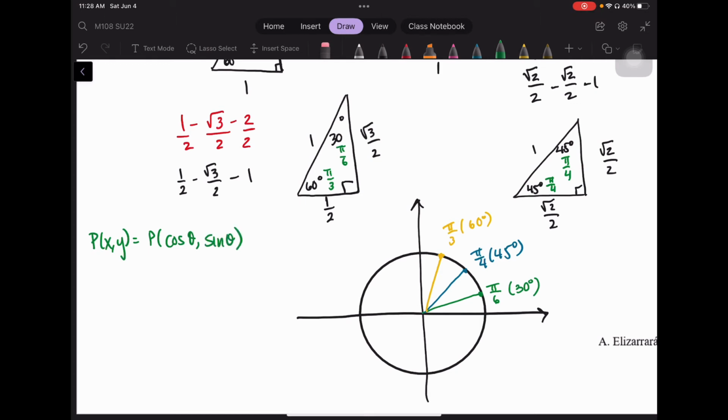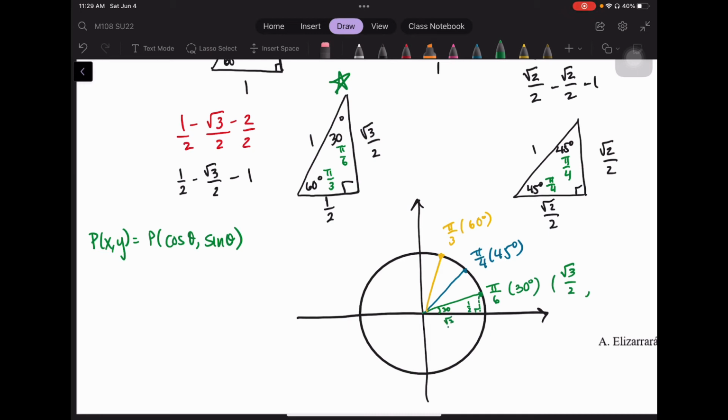Okay, so for a cosine of 30 degrees, remember 30 degrees is up here right now, so cosine is adjacent, which is root 3 over 2 over 1. That's going to be the x value, or root 3 over 2. How do I know it's the x value? Well, if this was my 30-degree triangle, remember that opposite the 30 degree is 1/2.